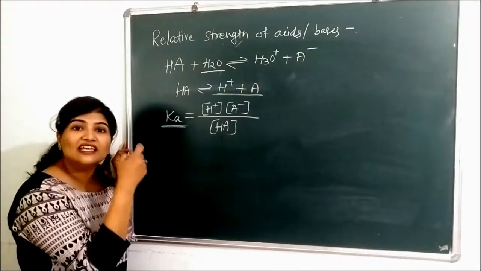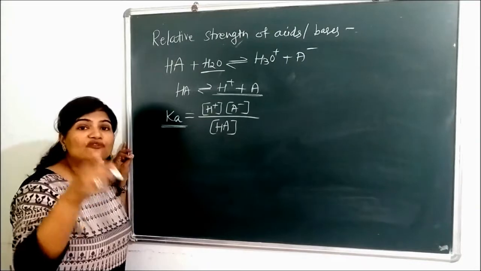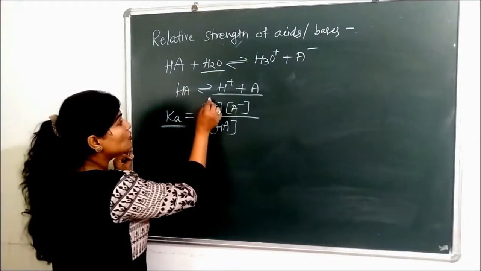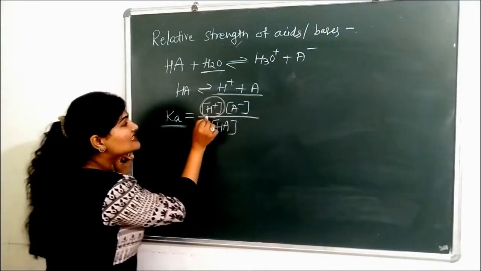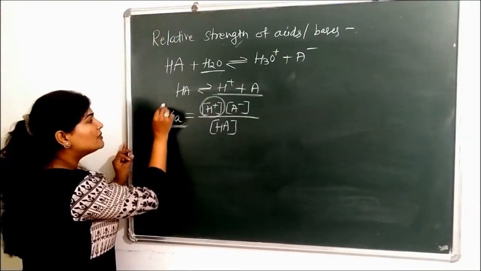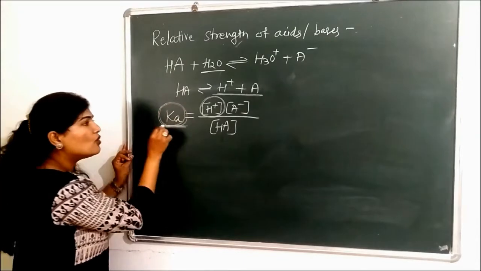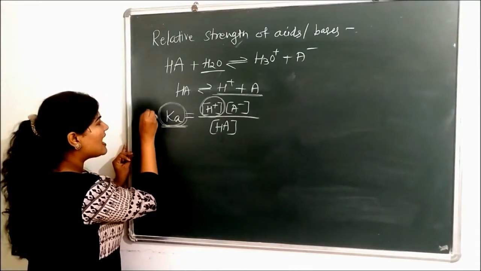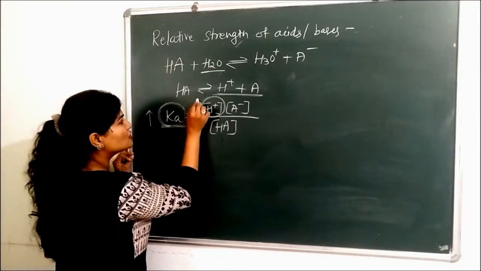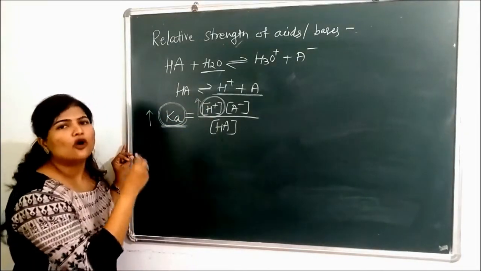Now look at the equation carefully, and you will come to know that how many H+ ions are getting generated is clearly proportional to the value of Ka. If your value of Ka is high, the number of H+ ions also will be higher, or vice versa.